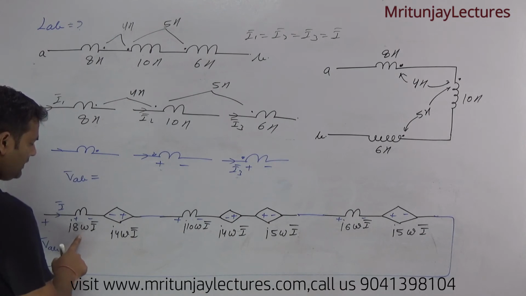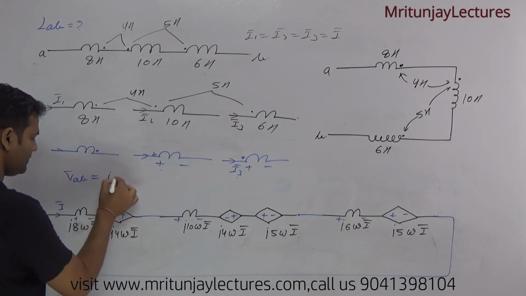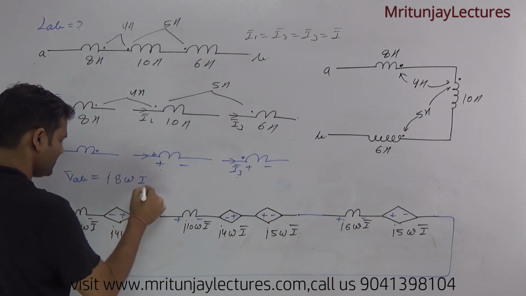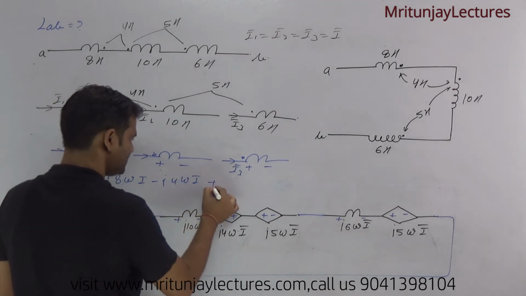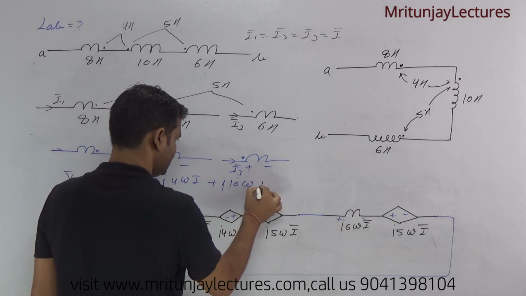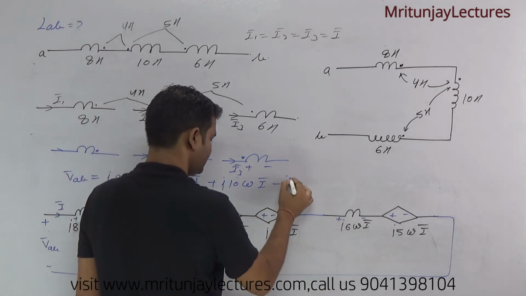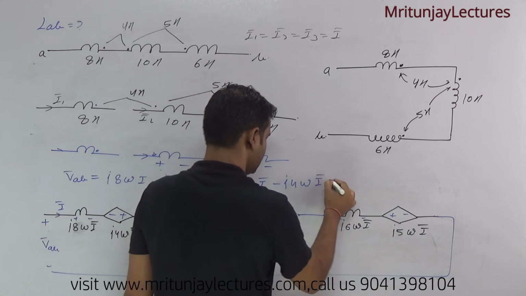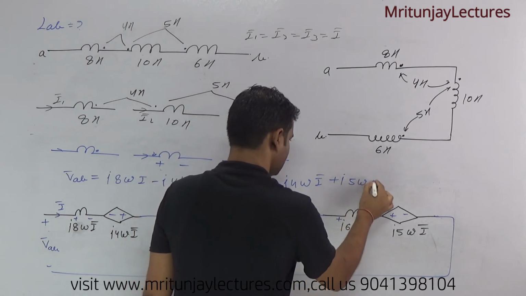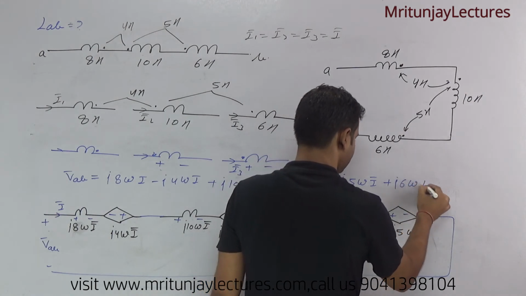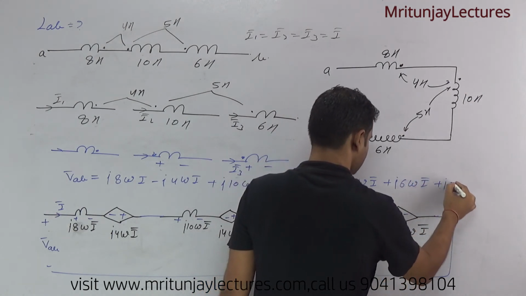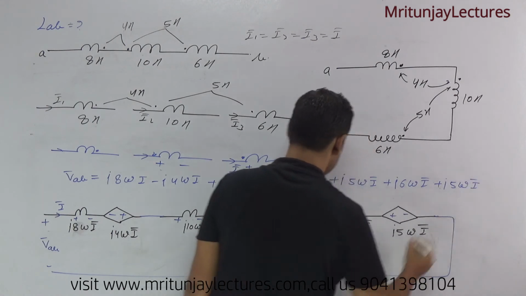So first of all, 8 omega plus 8 omega minus j4 omega I1, sorry, I, plus j10 omega I minus j4 omega I plus j5 omega I and plus j6 omega I plus j5 omega I. Clear?